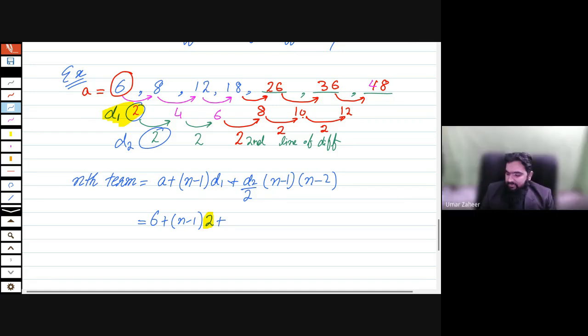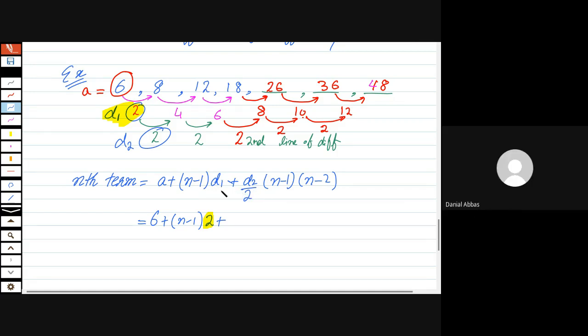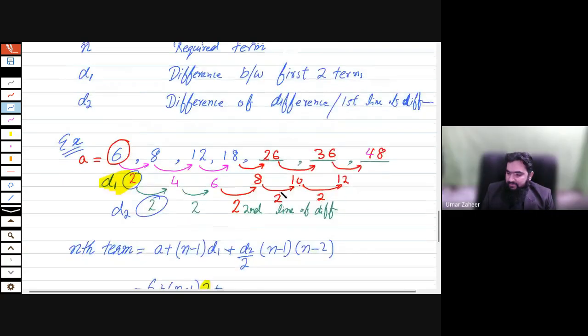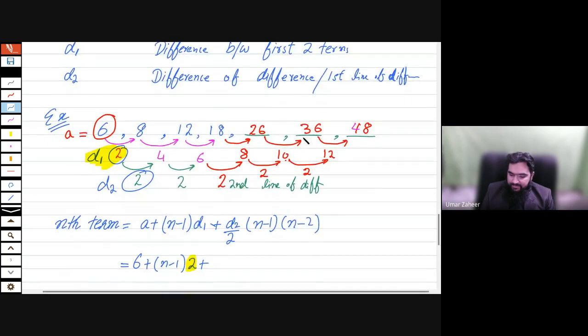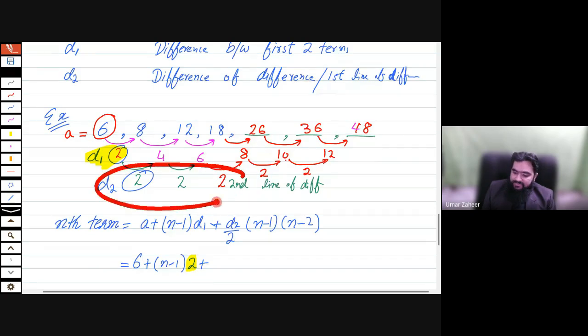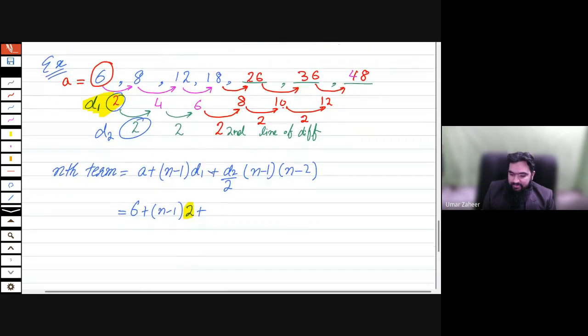What is the value of d2? 2. That is 2, because we take the differences of the first line of differences and we get 2. So the value of d2, the second difference, is 2 in this case. So that is 2 divided by 2 into n minus 1 into n minus 2.